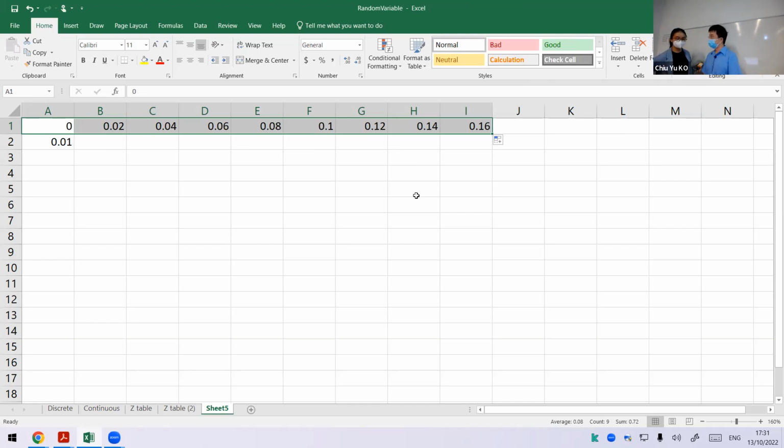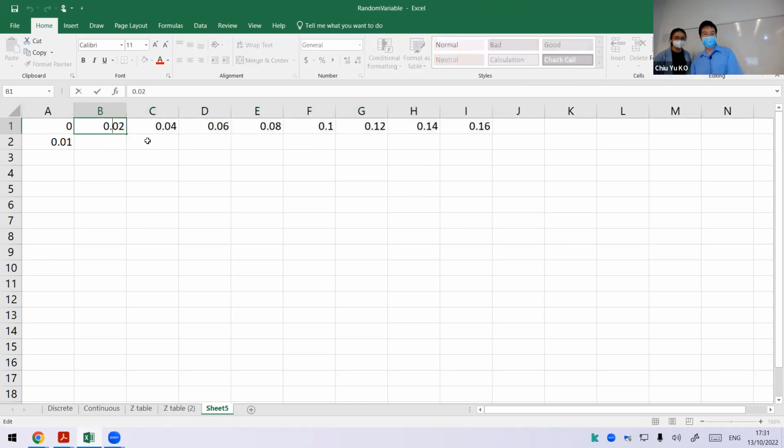It knows how to handle it. But of course, if you want, the easiest is you can say this plus 0.02. Then you just drag, also the same. I think this is okay for just a couple of rows.